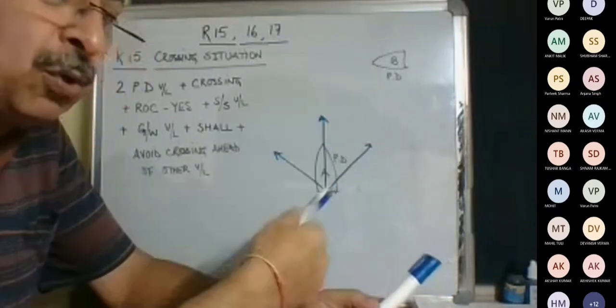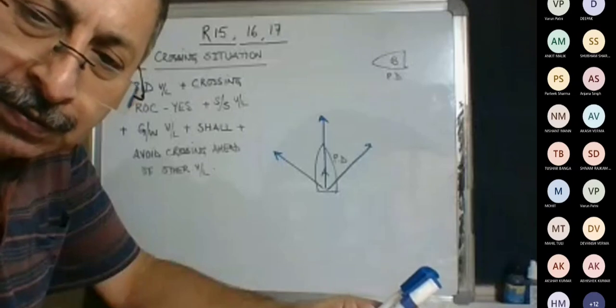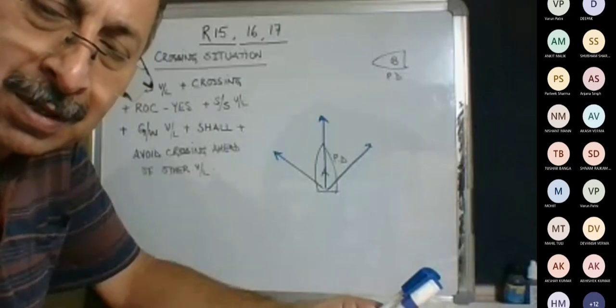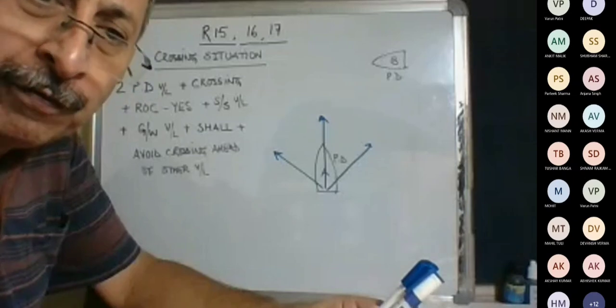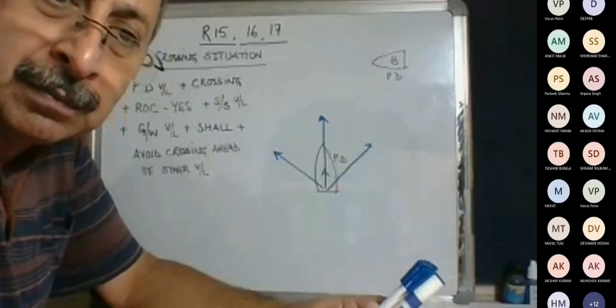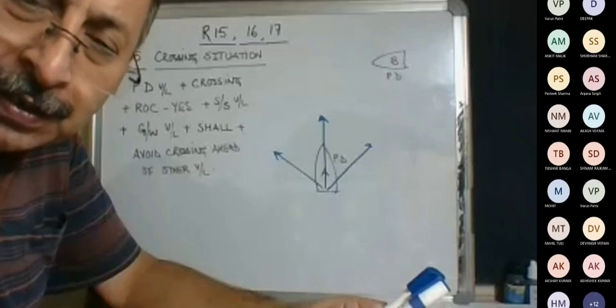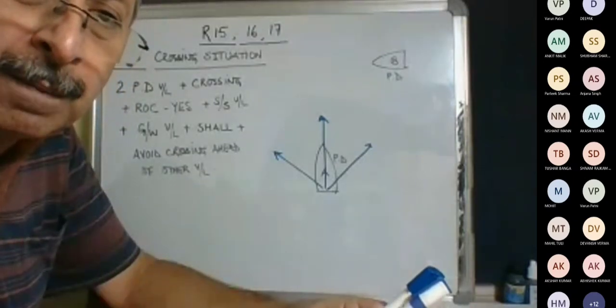And this is where the whole rigmarole of this confusion starts amongst all the deck officers. There is confusion in the interpretation of rules 15, 16, 17 itself. That is the reason why I started with that only. I didn't touch any other rule.